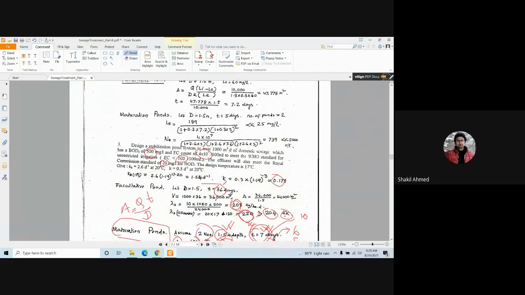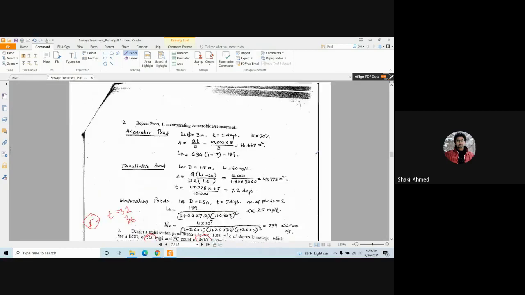In case of a facultative pond, your T can be 32 days, 36 days, no problem.